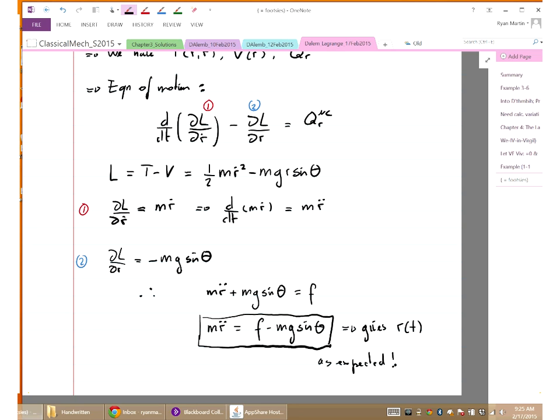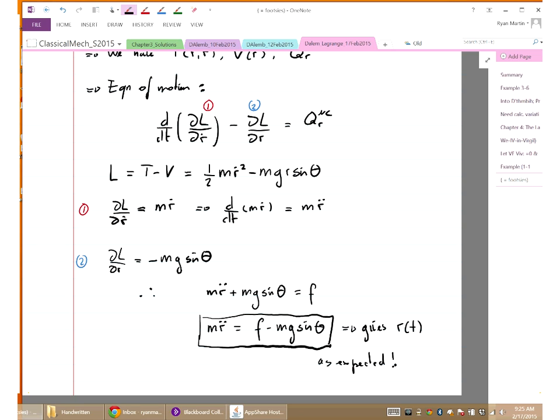We've done the F equals ma basically in the radial direction, and you have a positive force F in the plus radial direction, and you have a minus mg sine theta, the radial component of gravity in the minus r direction. And so this gives Newton's second law.